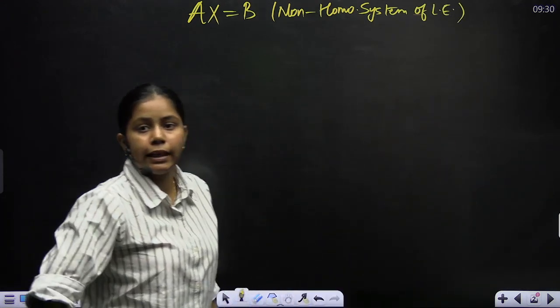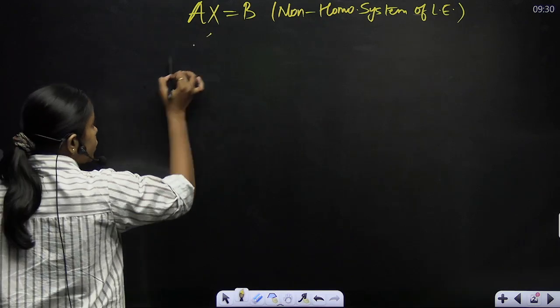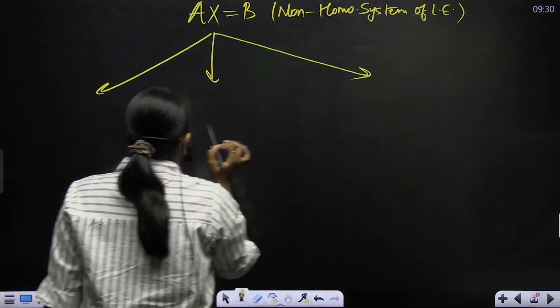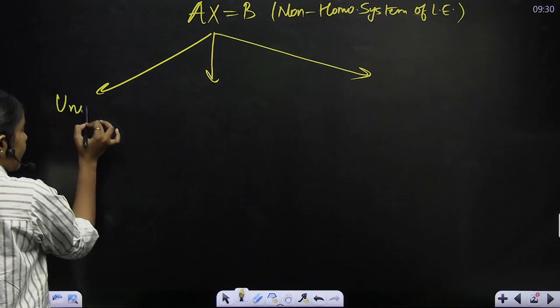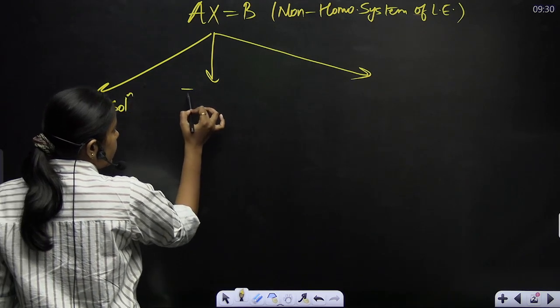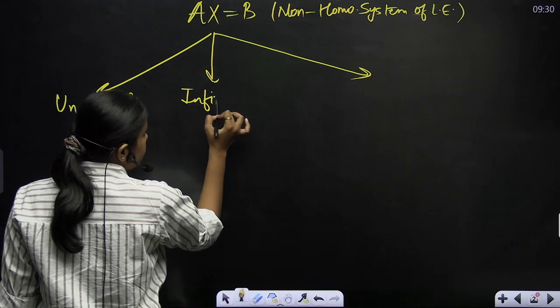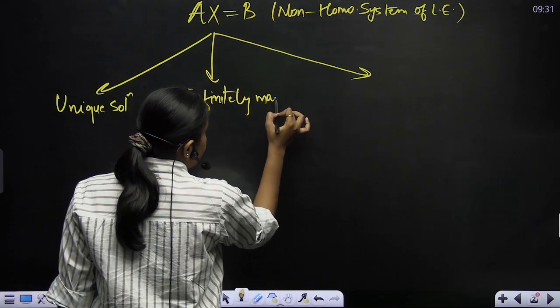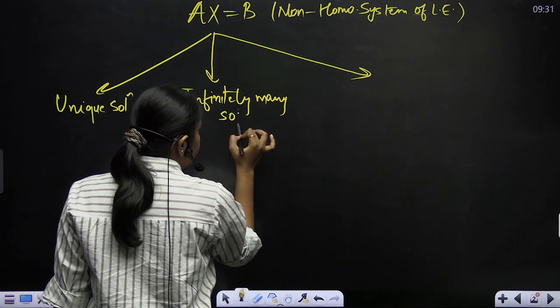And we have said that it has three types of solution. What are those? Unique solution, infinitely many solutions, and then we have no solution as well.